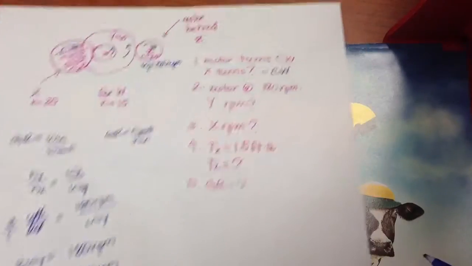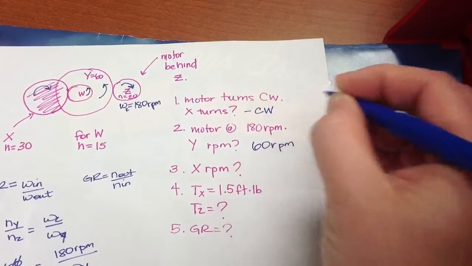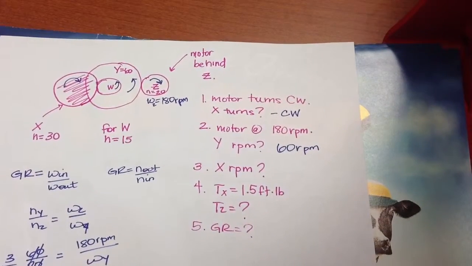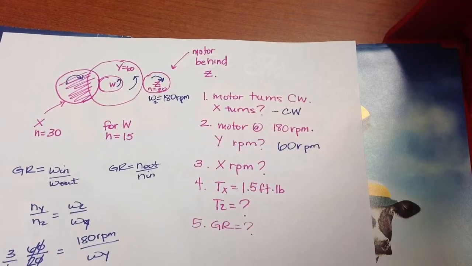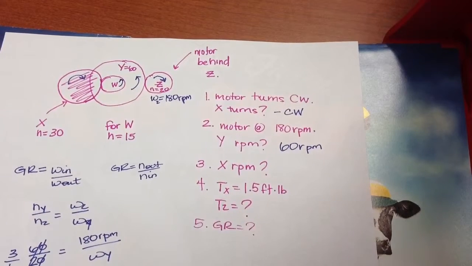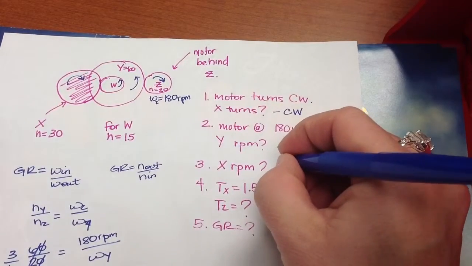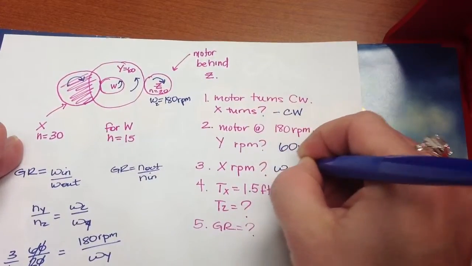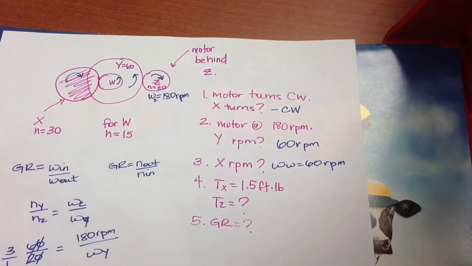All right, now we want to know what the RPM of X is. If Y is turning at 60 RPM, we also know that the speed of W is also going to be 60 RPM because they're on the same shaft.